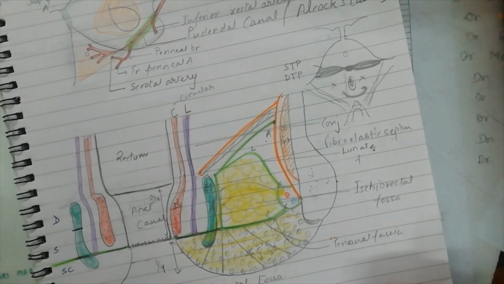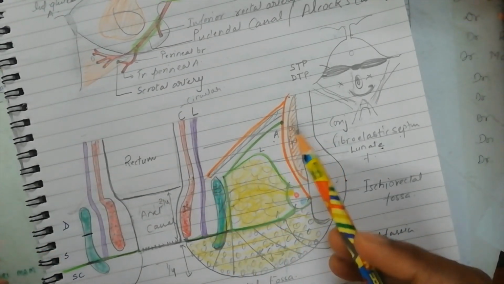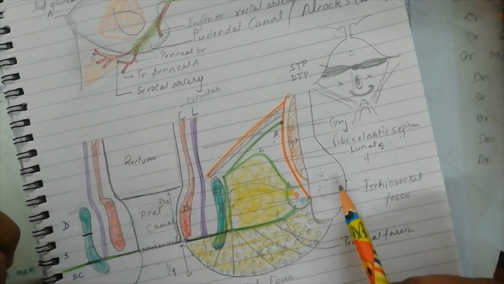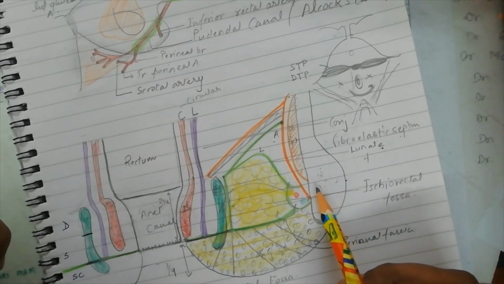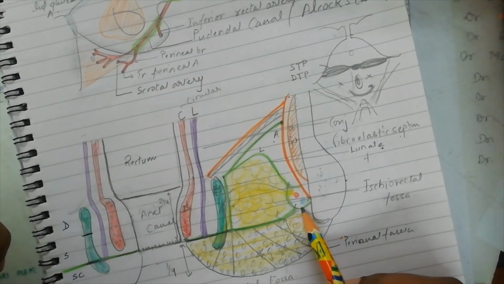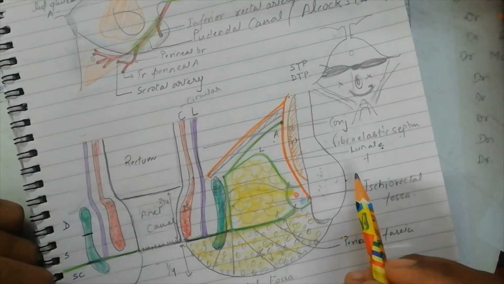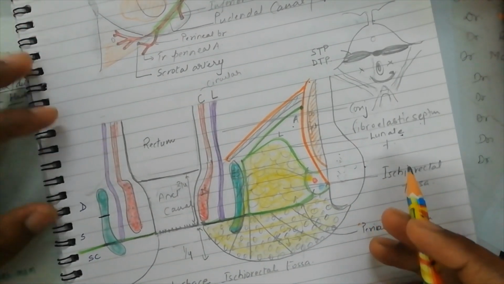So now about the fascial arrangement over this region, that is around the ischiorectal fossa and perianal region, and about the pudendal canal, that is an important fascial tunnel in the lateral pelvic wall, the pudendal canal and its contents. So first of all, about the fascial arrangement over this region.